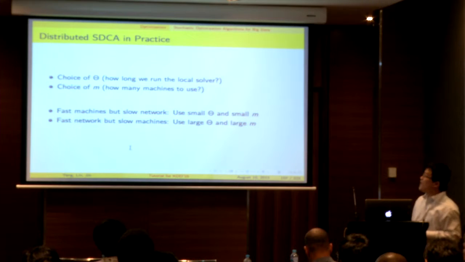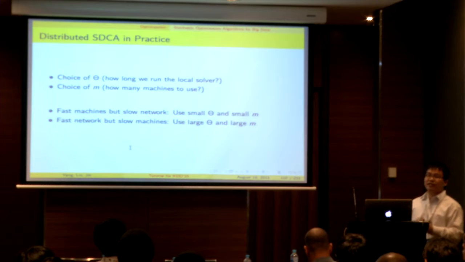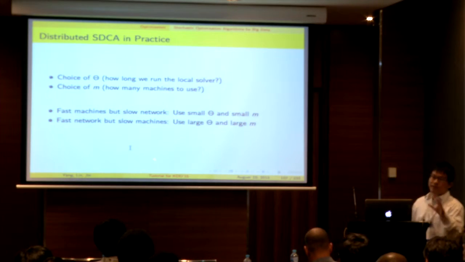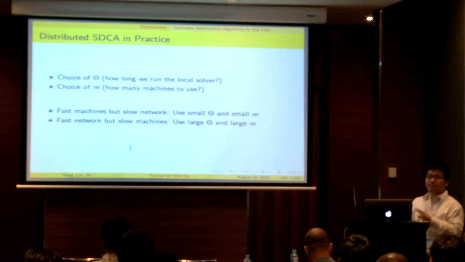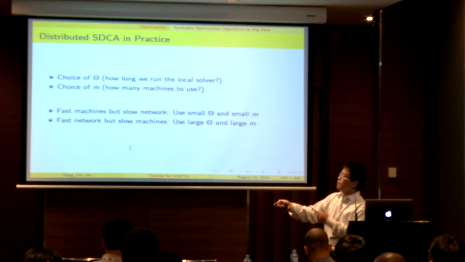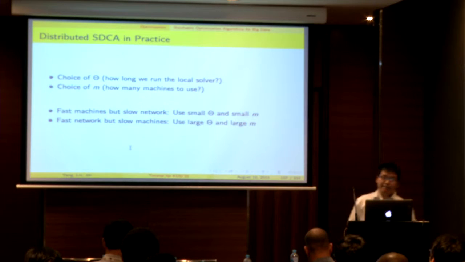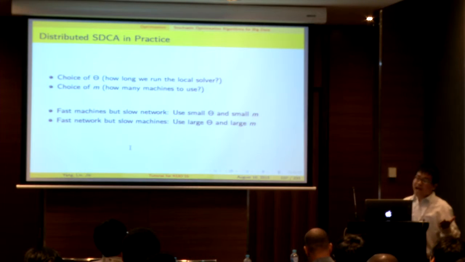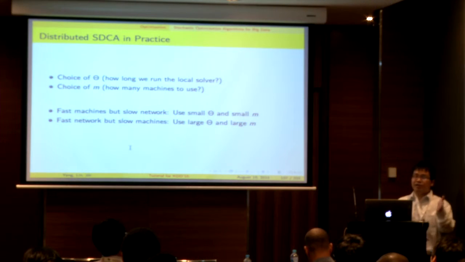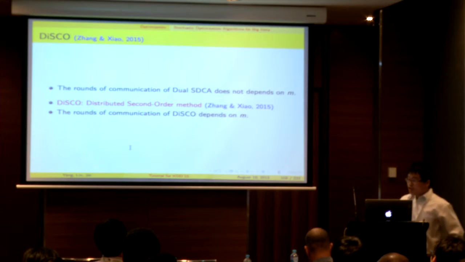However, if the network is very fast, but the local machine is not that good in terms of computation abilities, then you don't want to solve each machine to optimality because it will require a lot of time, and you want to use as many machines as possible. Of course, in the ideal case you want both to be very fast: a faster machine and a faster network. But if that's not the case, these slides give you some intuition about the choices, the way to decompose the problem.